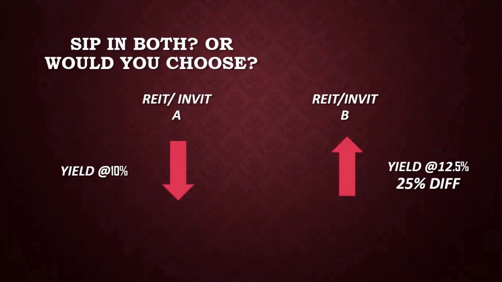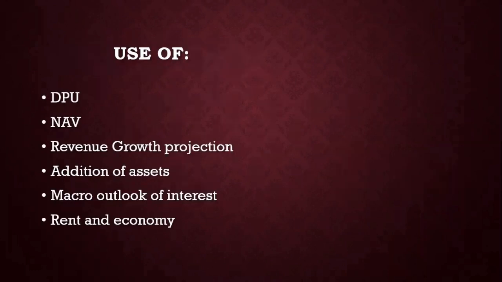That you take an SIP in both of them together? Or is there a difference in that understanding? So in case of REITs, there are lots of ways we do evaluation, which are, say, the distribution per unit or the NAV, revenue growth projections, addition of assets, macro outlook of the economy, and interest rates and rent and the movement in the economy.